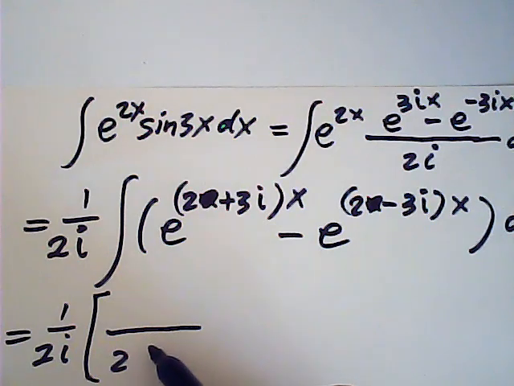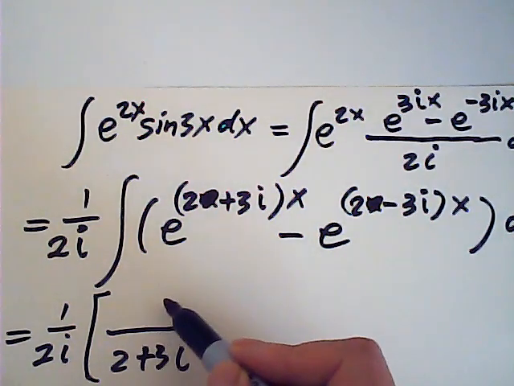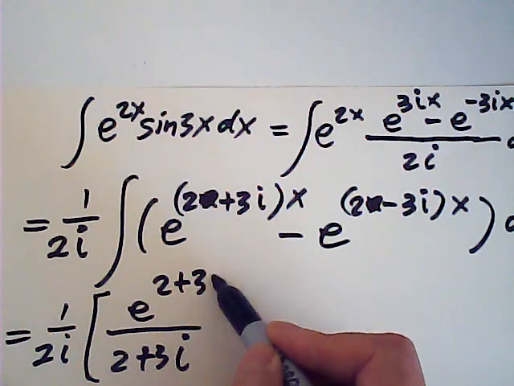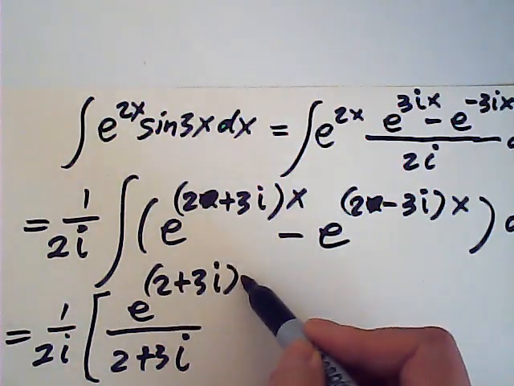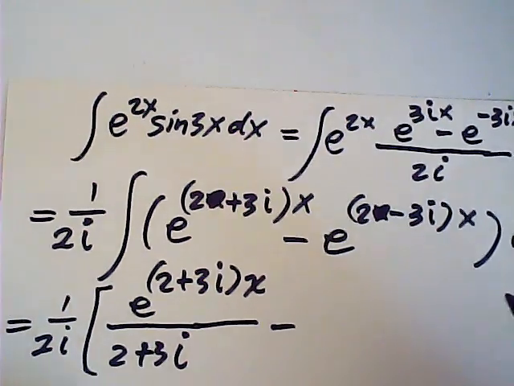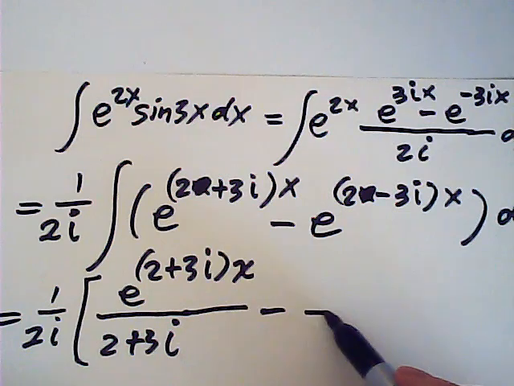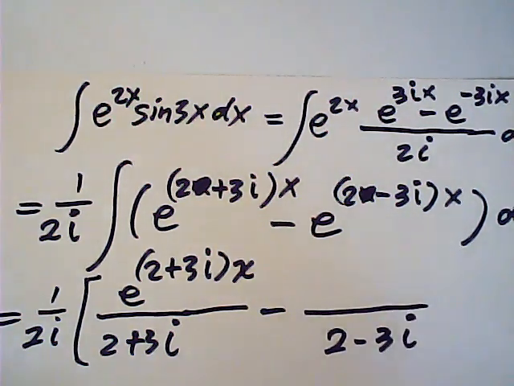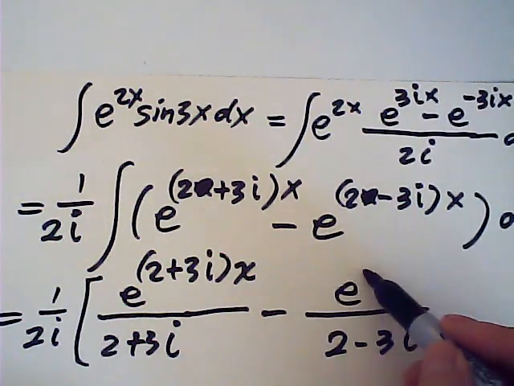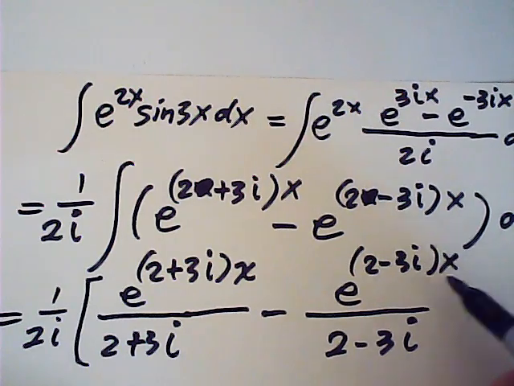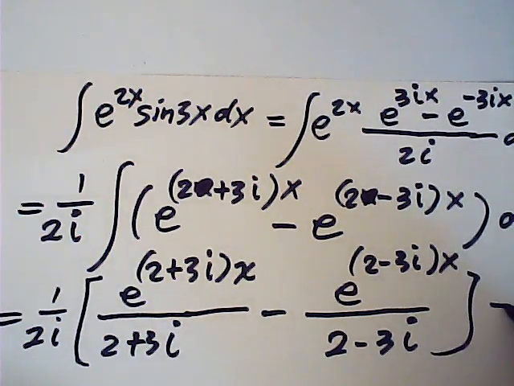Then this is 1 over 2 plus 3i e to the 2 plus 3i x, minus 1 over 2 minus 3i e to the 2 minus 3i x, plus c.